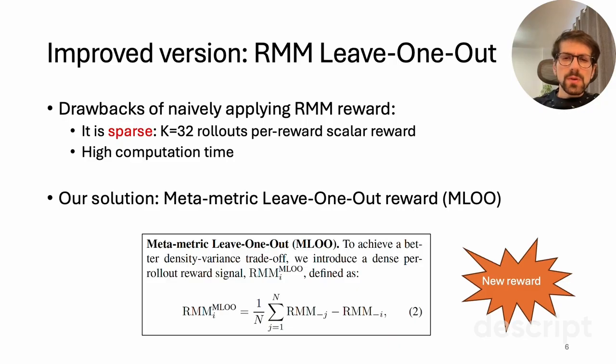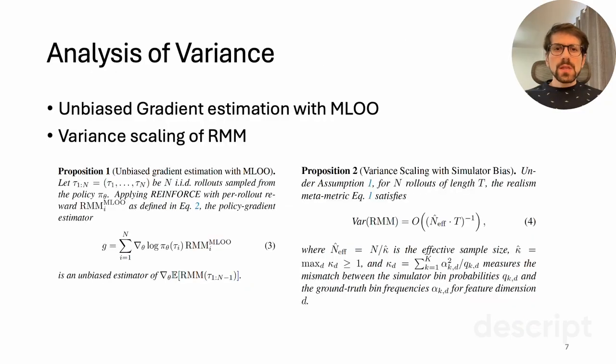Intuitively, if removing rollout i made the group score go up, rollout i was dragging realism down, so it gets a negative reward value, and vice versa. The resulting MLOO formulation is a dense and low variance per-rollout reward signal without extra sampling need. Here we analyze the variance scaling properties for RMM and MLOO theoretically.